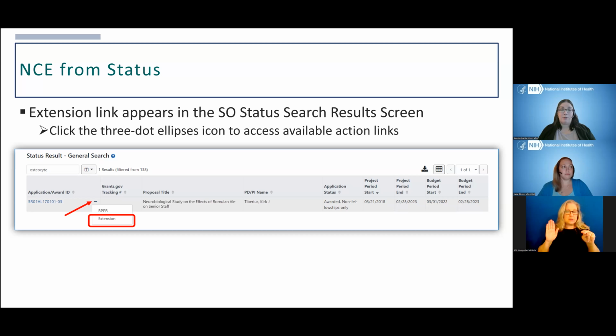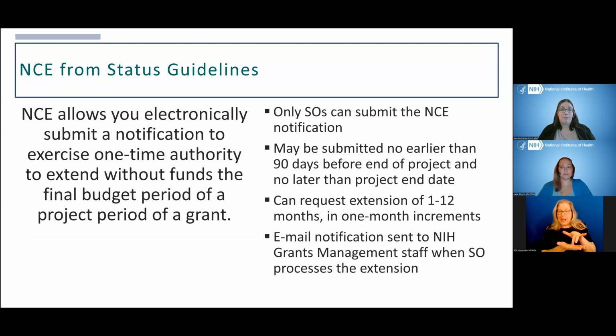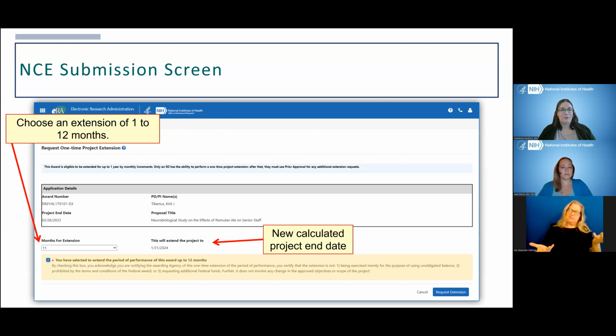This is by clicking on those three dots that I talked about earlier. If you see this extension 90 days before your project period, you can click on it and it will open up the screen for you where you're able to select the number of months, up to 12 months, and then it'll calculate your new date.